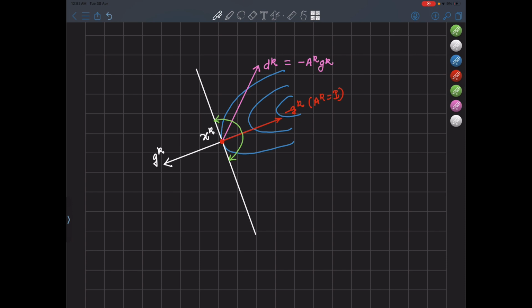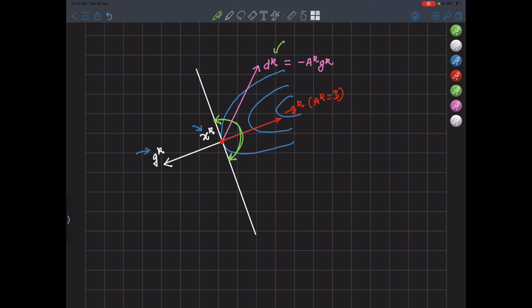So let's say we have a contour map as shown in this blue color, and xk is the current iteration point, and gk is the corresponding gradient direction at that point. The corresponding descent direction set is denoted here by this green span, and any direction in this area will be a descent direction.